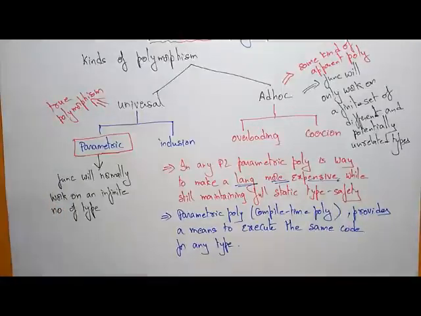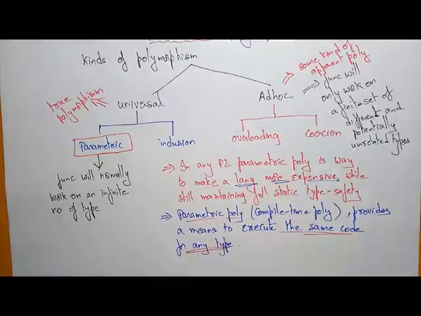I hope you understand, it's just a simple thing. Instead of repeating the same code a number of times, you just execute the same code for different data types. You can use different data types with the same code.